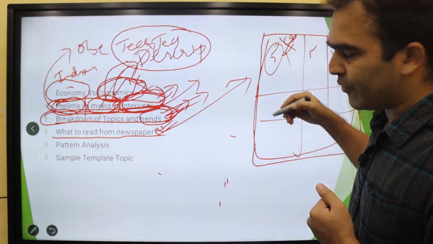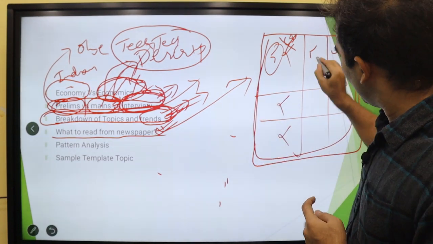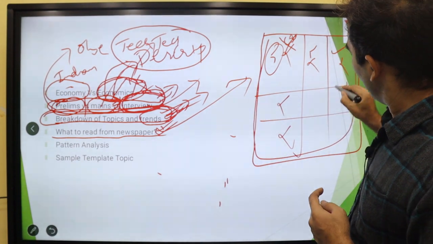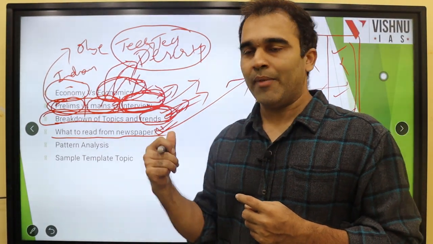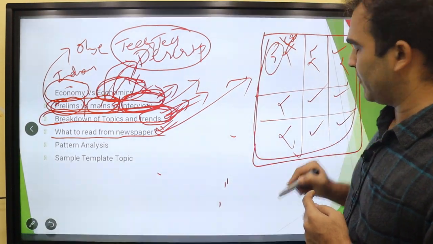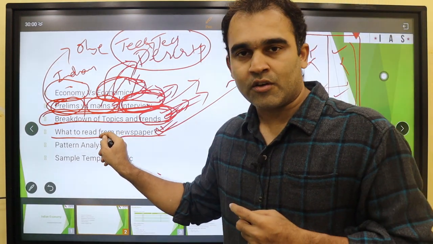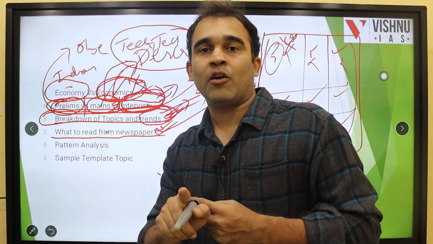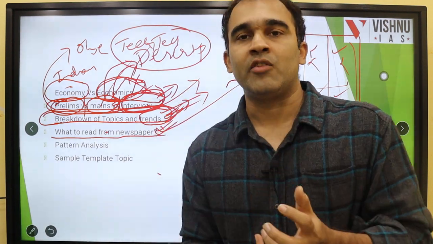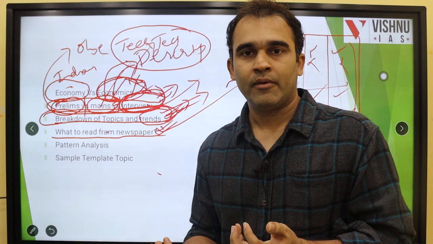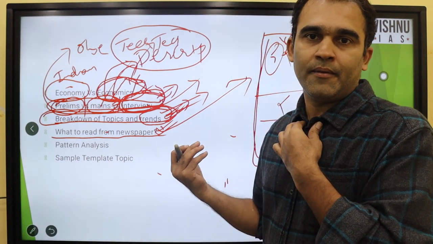Just take a pen before reading, go into the articles, mark all of them as excluded, and where you have something to do with the government, mark the articles. Then come back, read these articles. That answers your question of what kind of economy articles need to be learnt, understood, analyzed, and made notes of from your Hindu newspaper.